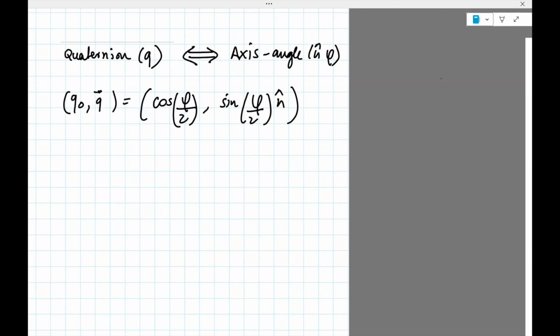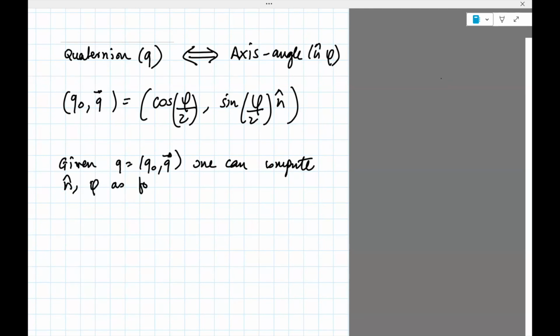So we can do it both ways. Let's say given the quaternion, we are asked to compute n and psi, which is the axis angle.